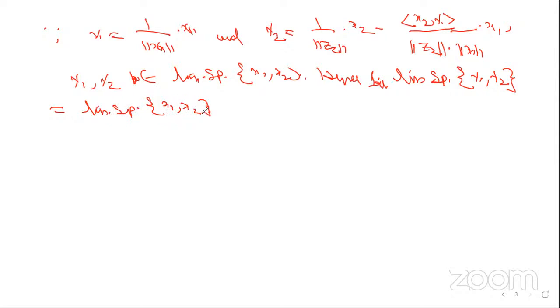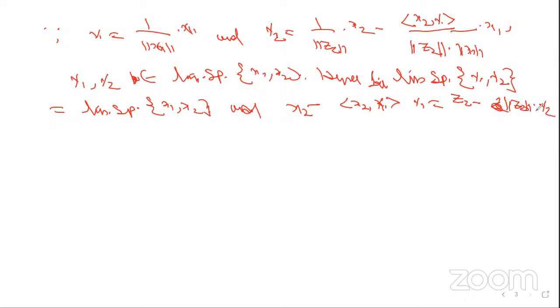And x2 minus inner product of x2 comma y1 into y1 equals norm z2 into y2.